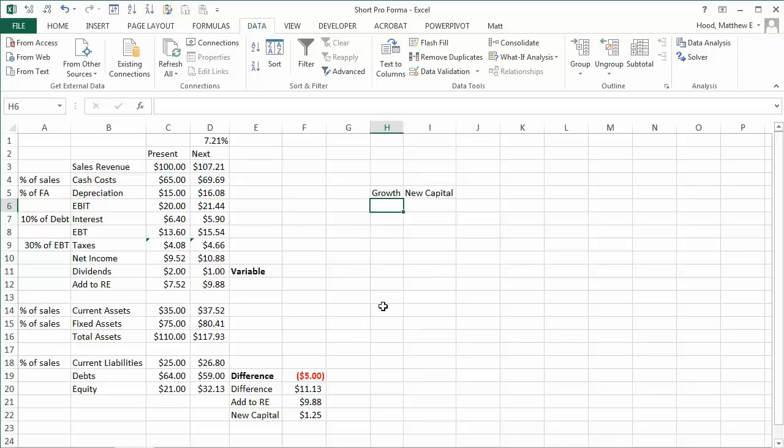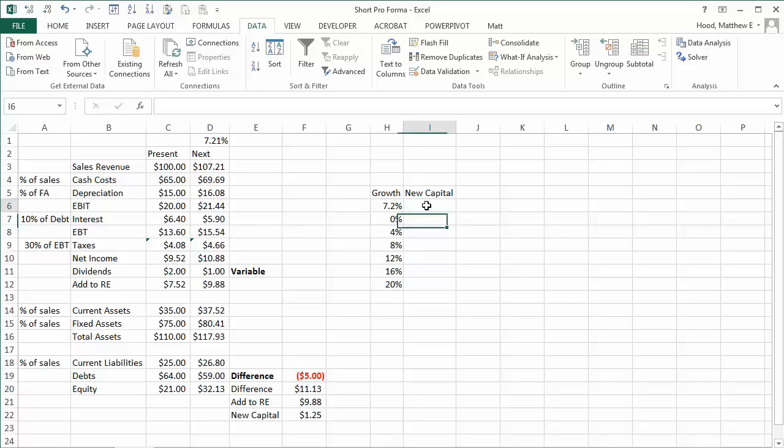Okay, so first I'm just going to reference this cell, but then I'm going to show some others. So let's say it's 0% growth, 4% growth, 8% growth, 12%, 16%, and 20%. Now I could have as many of these as I want, but this is plenty.